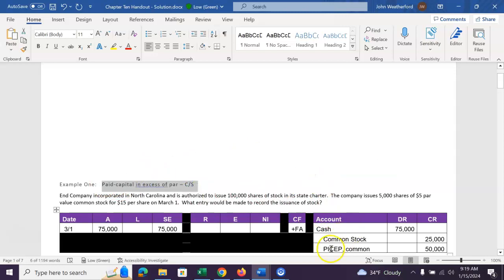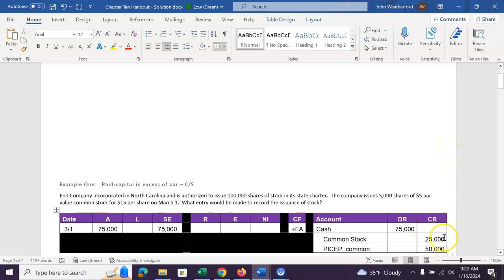We're going to abbreviate it with the acronym PICEP, but it's paid in capital in excess of par common stock, and that just describes what's in the balance of the account, right? When we receive more from shareholders than par value for the shares that are being issued, amounts above par value are credited to that account.